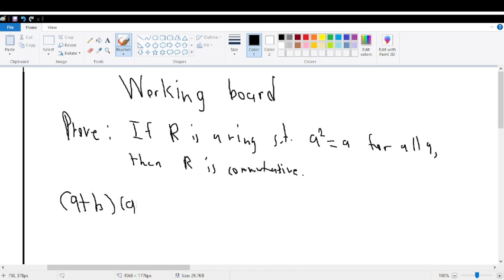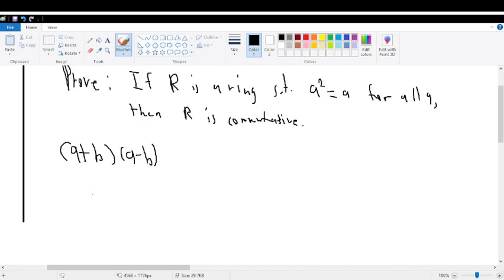So we have (a plus b)(a minus b). Let's work this out. Instead of writing a squared, I'm going to write a times a plus b times a minus a times b minus b times b.